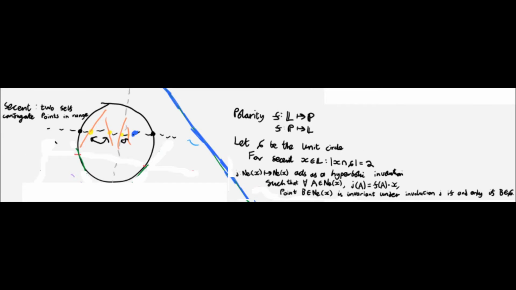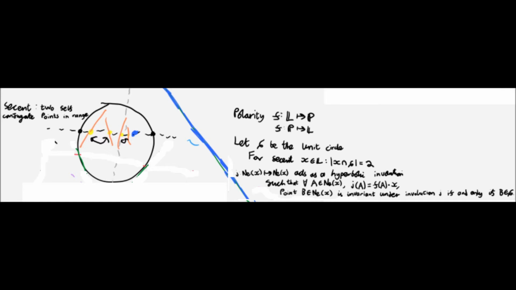Let's imagine we have some secant, let's say lowercase x, and so that's going to be a line which goes through 2 points of our conic, and let's say that under our polarity, which we can think of as a mapping f, this secant line little x gets sent to a point capital A.